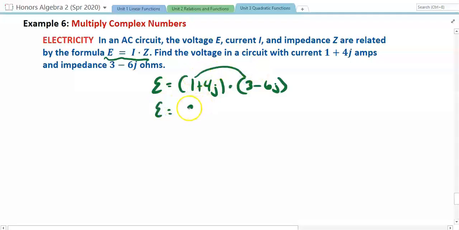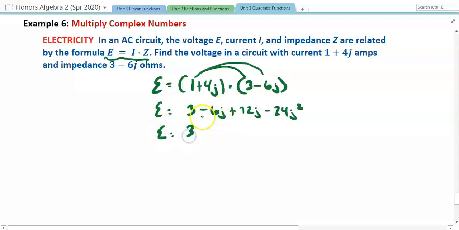So 1 times the 3 is 3. And 1 times the negative 6j is negative 6j. And then we get plus 12j. And finally, minus 24j squared. Again, remember the j is the imaginary unit that electrical engineers use. And so E is equal to 3. These two will combine, so this is a 12 in the middle, not 7.